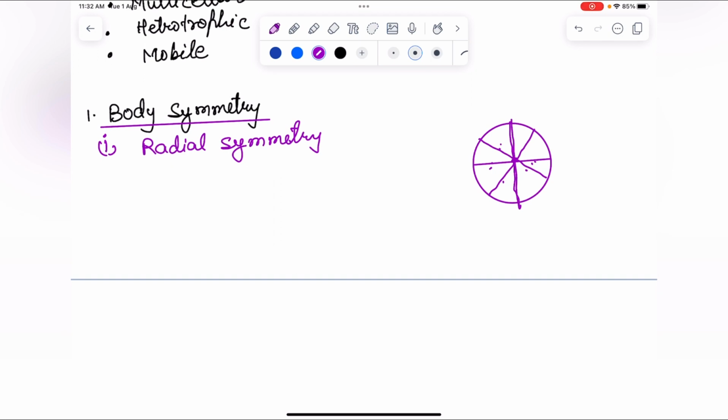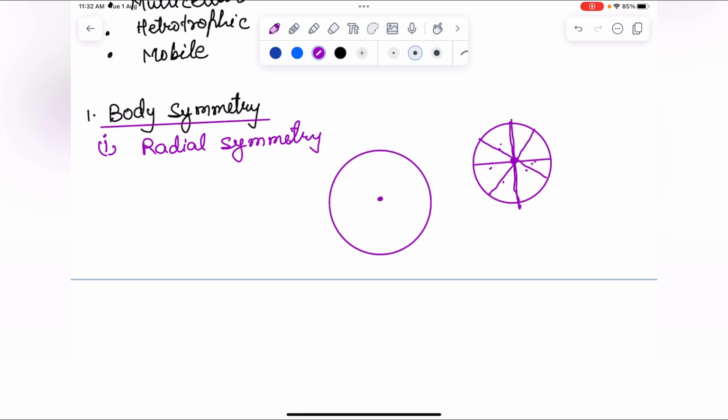Once again I am repeating: the body can be divided into similar halves by any plane passing through the central axis. This is the central axis. If this is the body, this is the center.